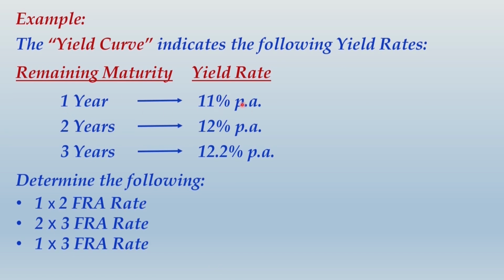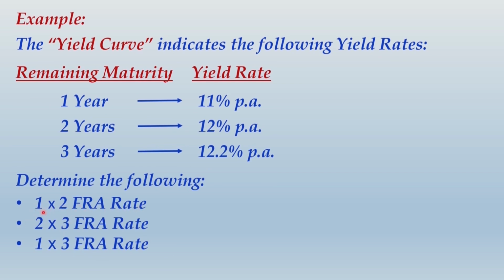I'll give you one explanation, other things you can definitely do on your own. So just focus on this 1 year remaining maturity bond. The yield rate offered by that bond is 11%, and now the 2 year bond is offering you a yield rate of 12%, and the question is asking you to determine 1/2 FRA rate.